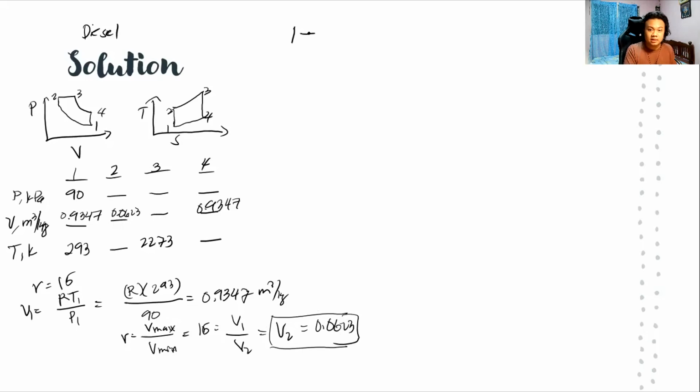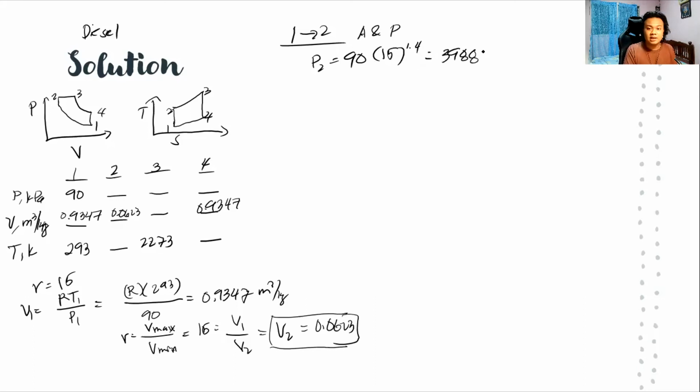So 1 to 2 is always adiabatic and polytropic. Okay? So same as earlier, we have 90, diba? 90, and then we have our compression ratio raised to 1.4.